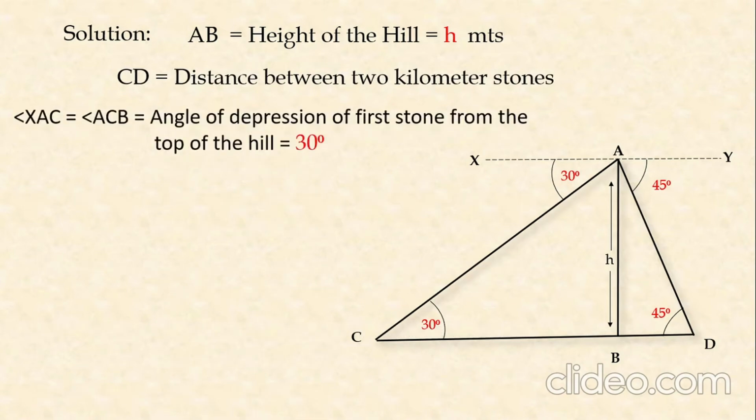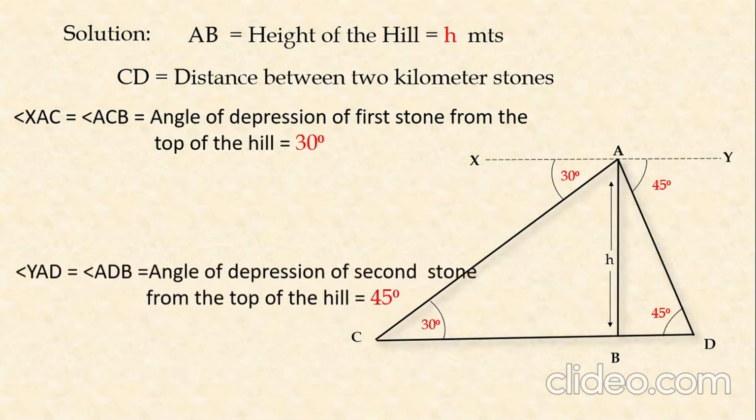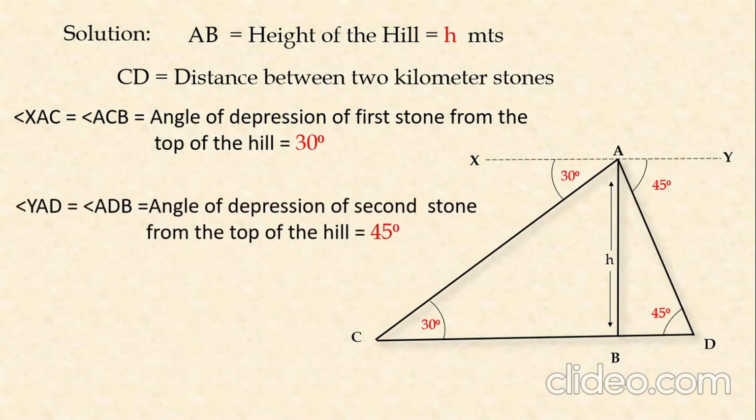The first angle of depression is angle XAC equal to angle ACB, the angle of depression of the first stone from the top of the hill, which is 30 degrees, and the second one is angle YAD equal to angle ADB, which is the angle of depression for the second stone from the top of the hill, and which equals 45 degrees. So our problem is completed. We drew the required figure for the given problem. Now children, let us go for another problem.